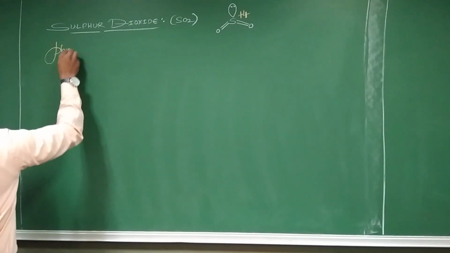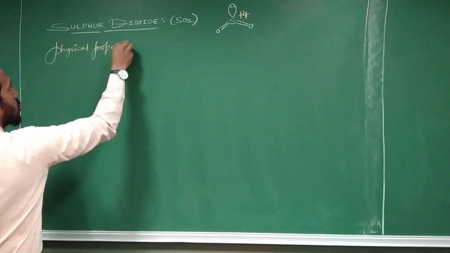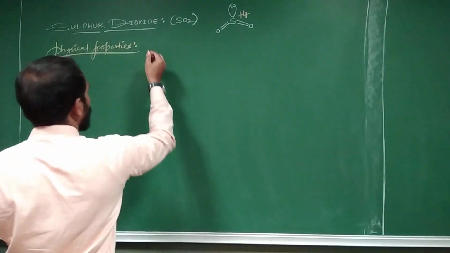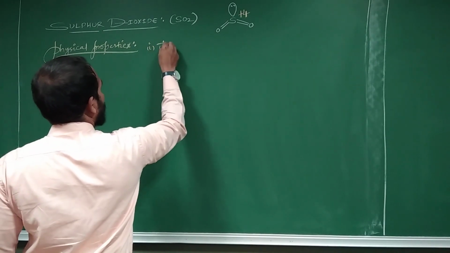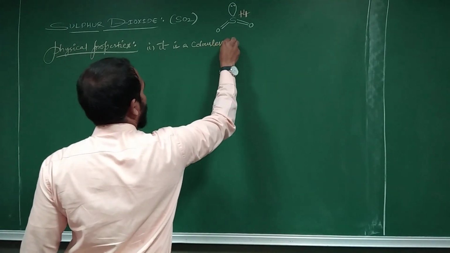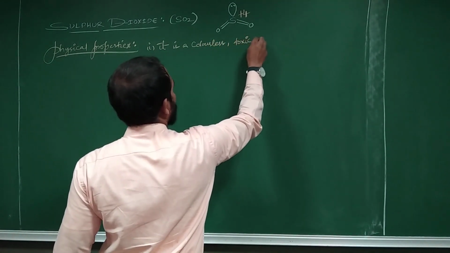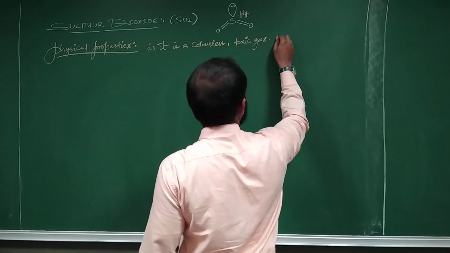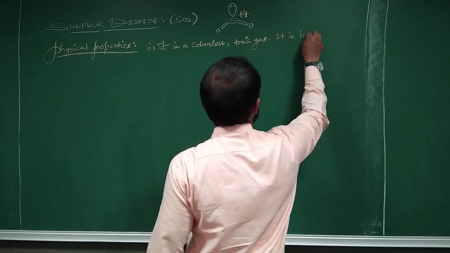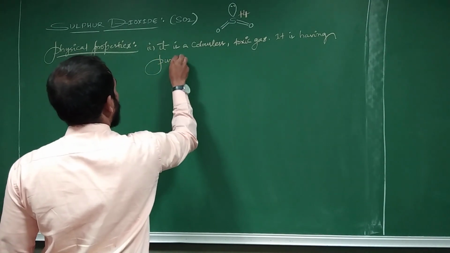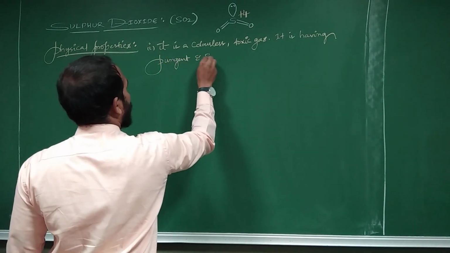Physical properties. So the next topic is physical properties of sulfur dioxide. In the physical properties of sulfur dioxide, the first one is that it is a colorless, toxic gas having a pungent and suffocating odor.